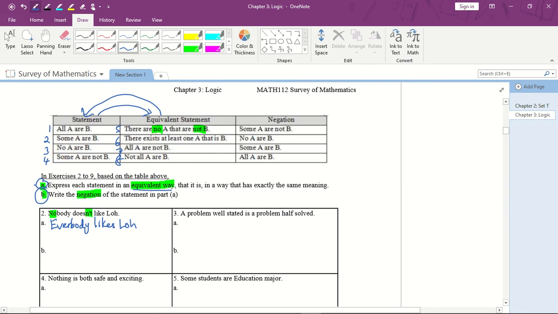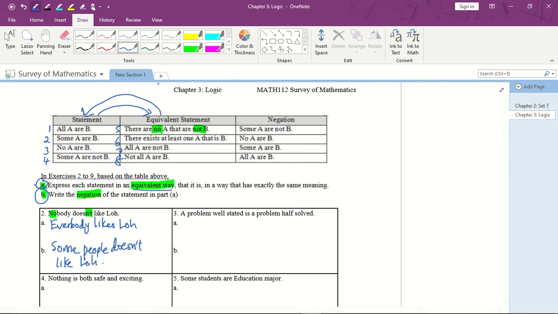We know that the negation is this part, some A are not B. So we can write some people, oh, I think I should write some people, don't like law. This is just a matter of grammar. It might have some grammatical errors, but that is what it means.